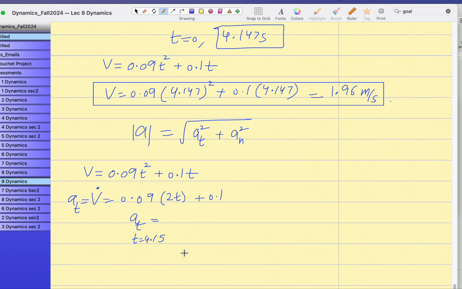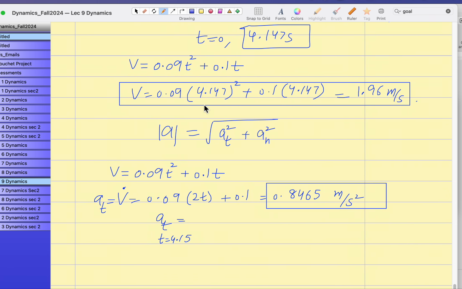Let's keep it simple, 4.15. So it is about 0.8465. You can verify at your end. Do you get the same answer?